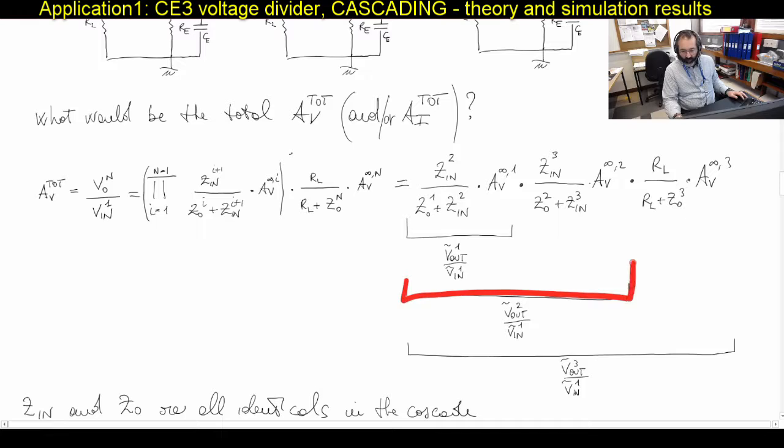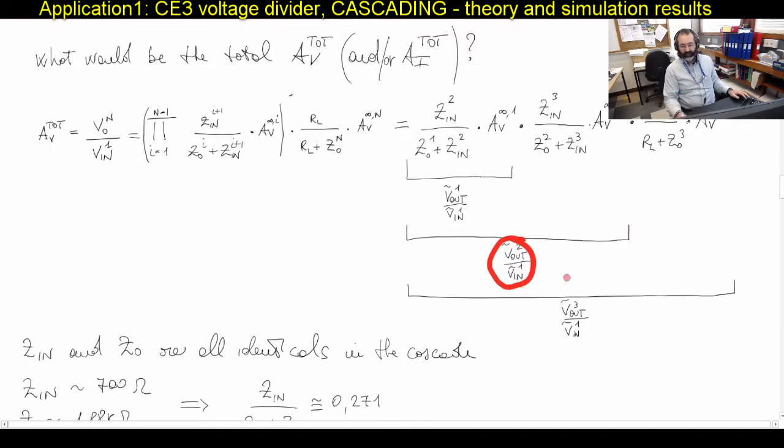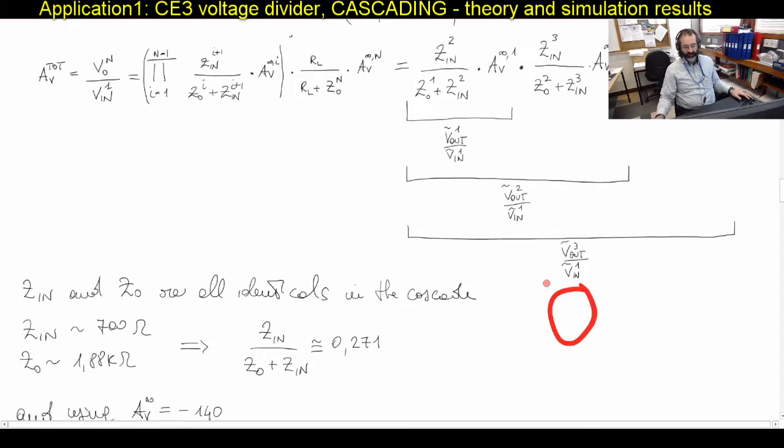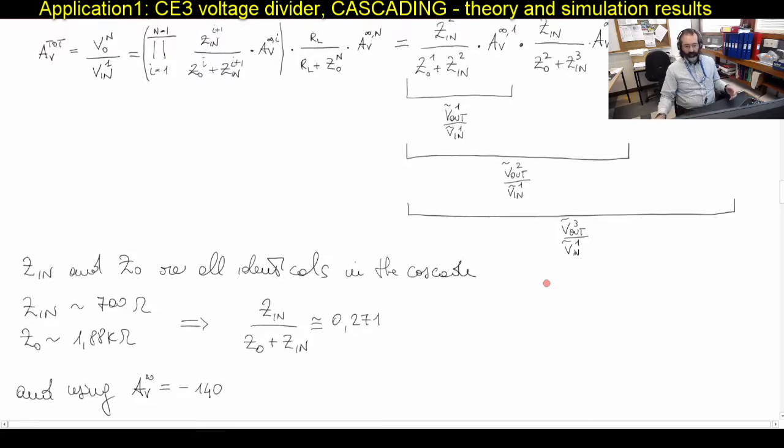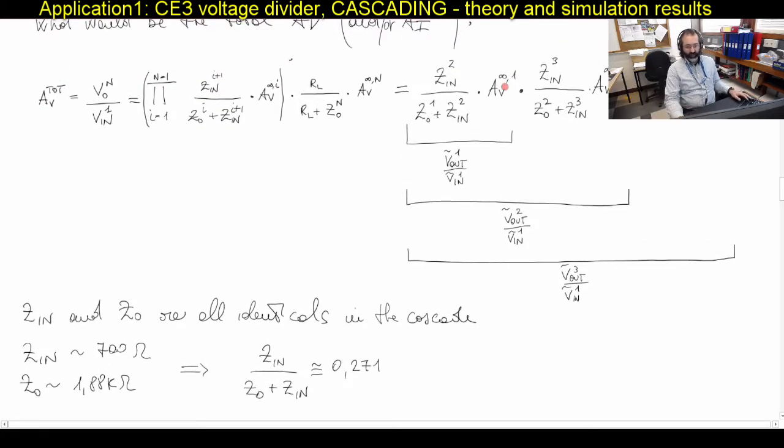All these quantities calculated, multiplied together, will give me the voltage amplification of the cascade of the first two elements, and then the whole thing will give me the total amplification VO3 over V.